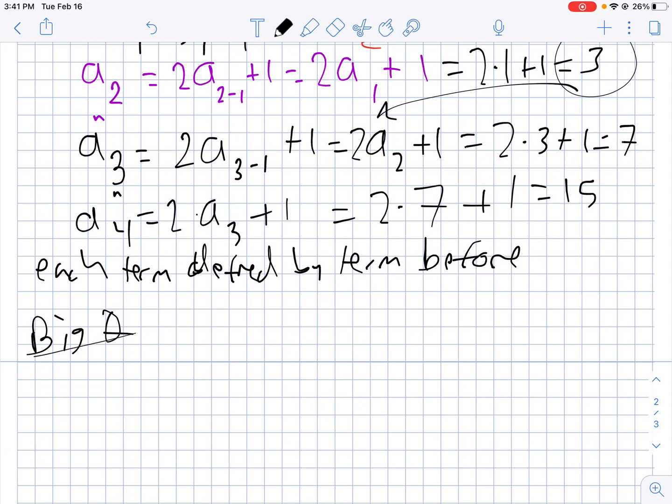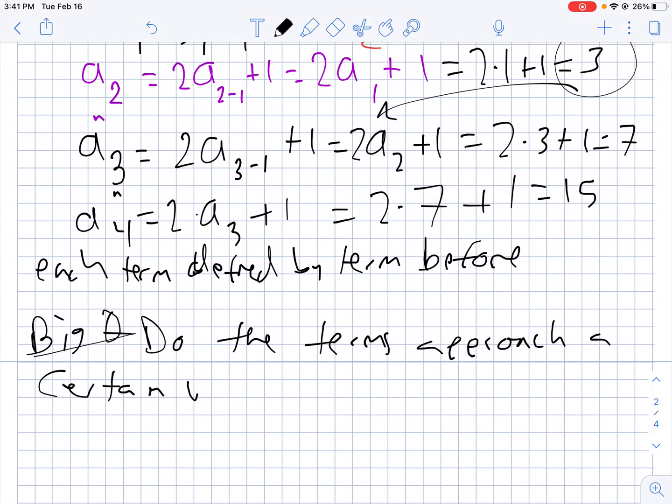Do the terms approach a certain value as n gets bigger? And of course, this is calculus, so eventually we're saying n goes to infinity, and think about that as a limit.